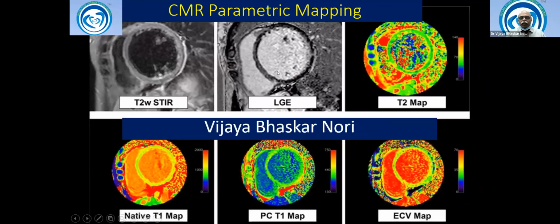There is an LGE image here. It is a T2 map, native T1 map, post-contrast T1 map, and ECV map. This is everything about parametric mapping.